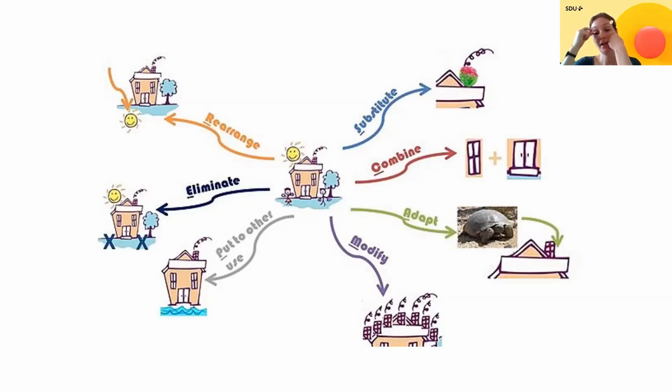Combining it would mean maybe there is another idea with which they can combine it. Or adapting is also easy. I think put to other use is very interesting in the case of the flying house. So the question is, what else can I use this for?